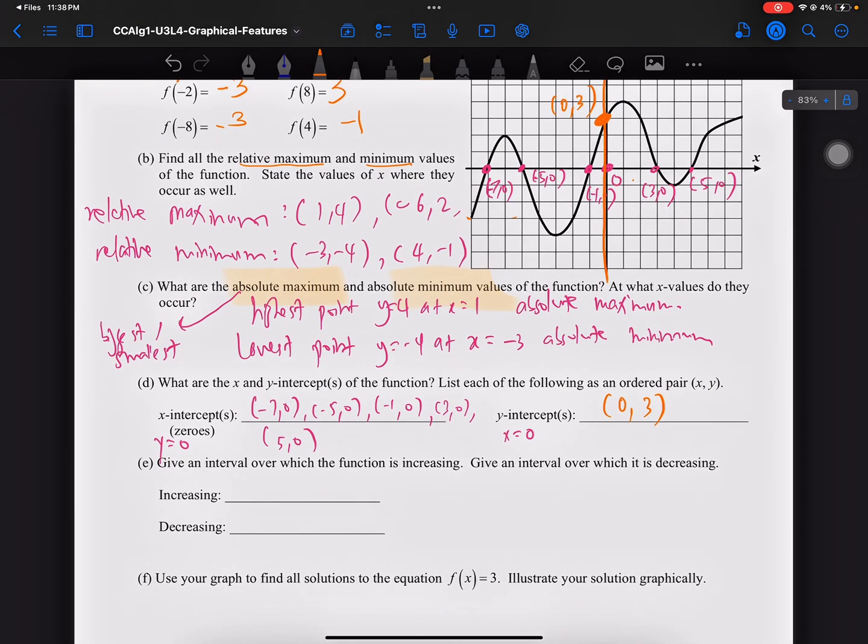Then for E, give an interval over which the function is increasing, and give an interval over which it is decreasing. So from the graph, find where it goes up. The graph rises, goes upward.